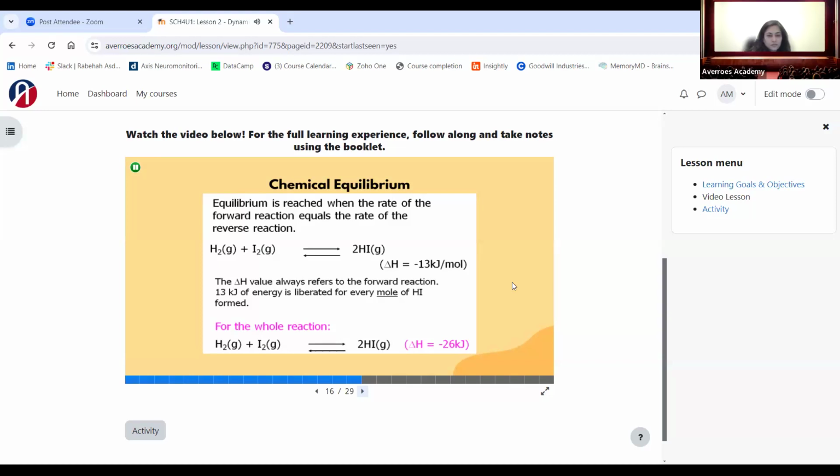And the delta H value is the amount of energy required, and it's always referring to the forward reaction. So 13 kilojoules of energy is said to be liberated for every mole of hydrogen iodide formed in this reaction. And then for the whole reaction, back and forth, our delta H, the amount of energy required, is negative 26 kilojoules.